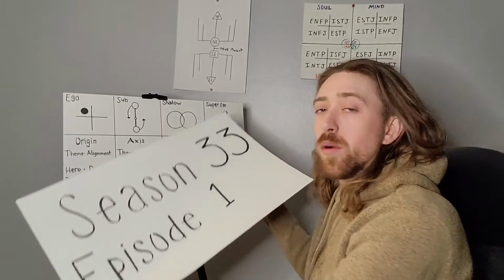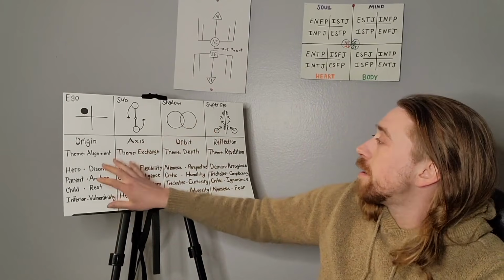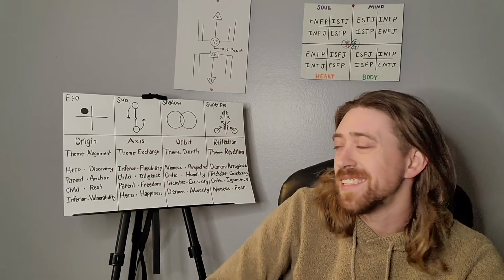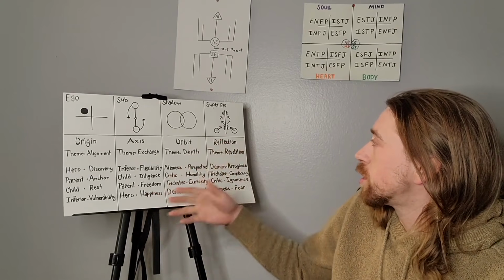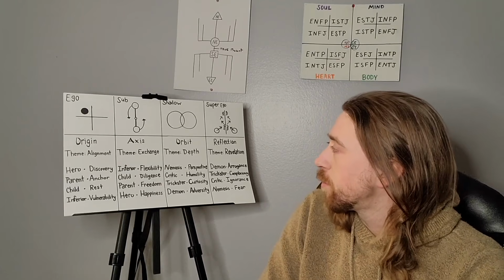Now, this is going to be episode 1. If you look at the chart I have here, we have the four sides of the mind. It's the same four sides that we are all used to. We have the ego, the subconscious, the shadow, and the superego. Nothing really new there.